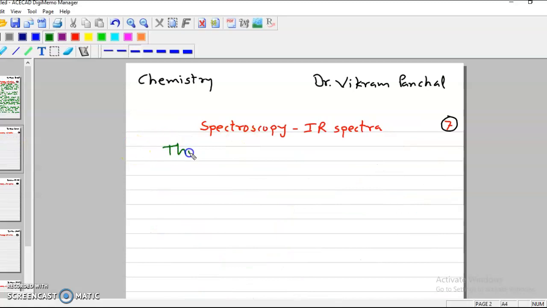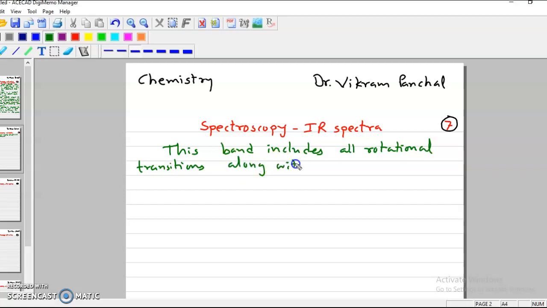So this band includes all rotational transitions along with vibrational transition.